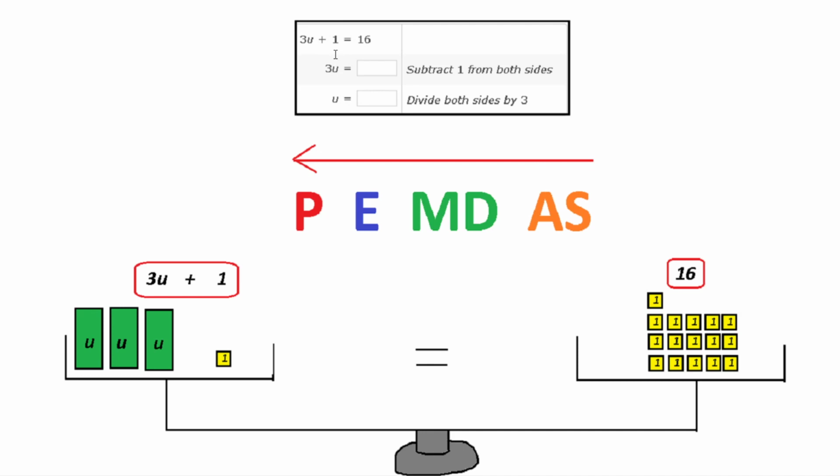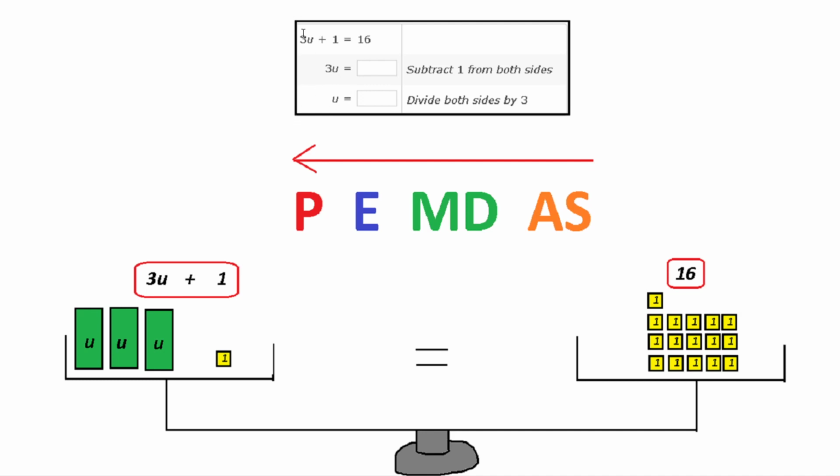Now we want to think about what we want to do with that 1. You want to subtract it away from both sides, because the whole goal here is to get u all alone by itself, just like you see down here. You get your final answer when u is all alone, with no friends next to it.